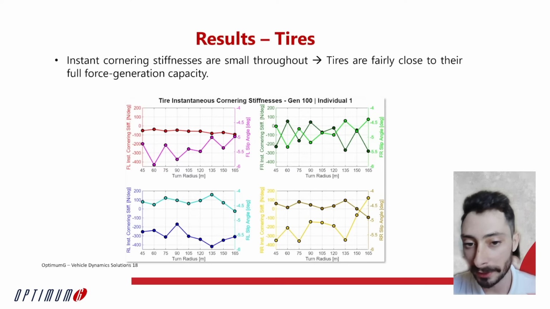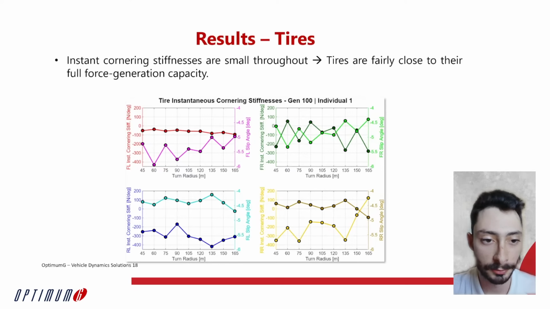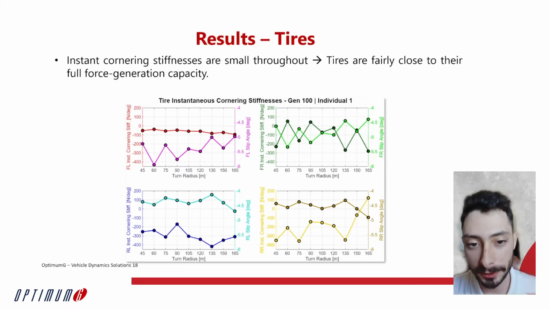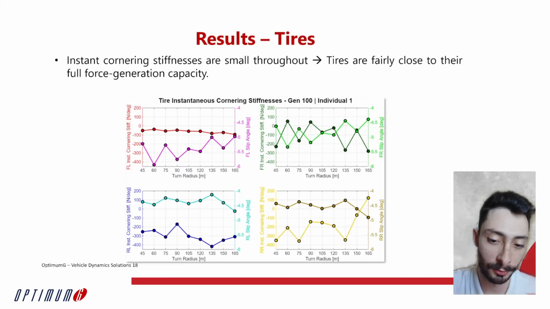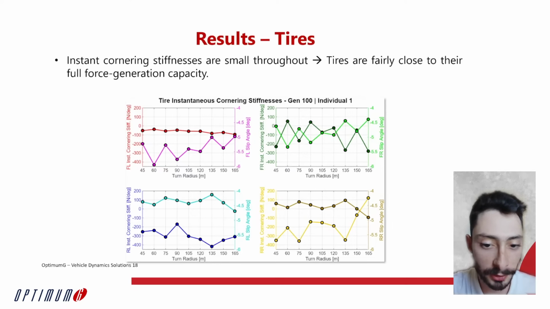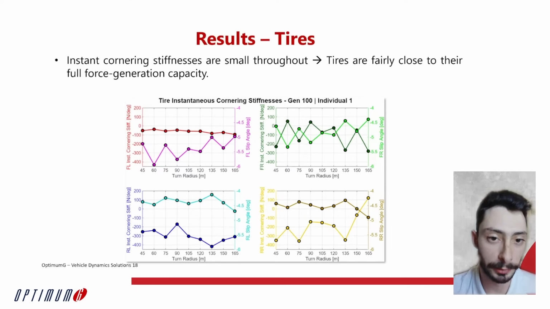And when we see the cornering stiffness results for our skid pad optimization here, on the y-axis on the left side of each of the graphs, we can see that the cornering stiffness of all 4 tires is relatively small, which means that our optimization algorithm is able to put the tires fairly close to their force generation limit. We will see this in a clearer way in the next slide as well.